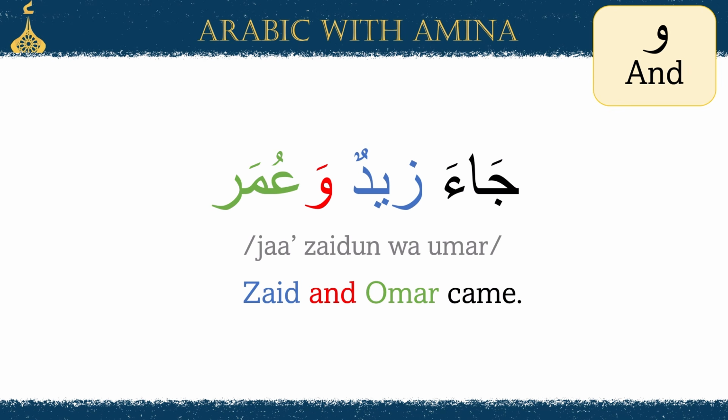Something to notice, though, is that the letter wow is not a separate word. Instead, it is written with its paired noun or phrase as one. So there's no actual space between wow and Umar, even though it seems like there is with this font. Whereas in English, and is its own word, and the noun it is connecting is its own word as well.